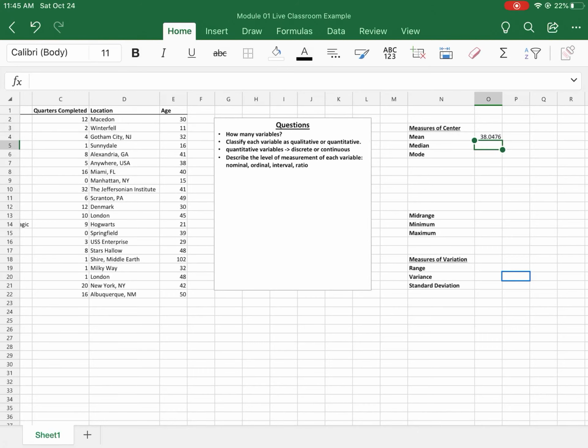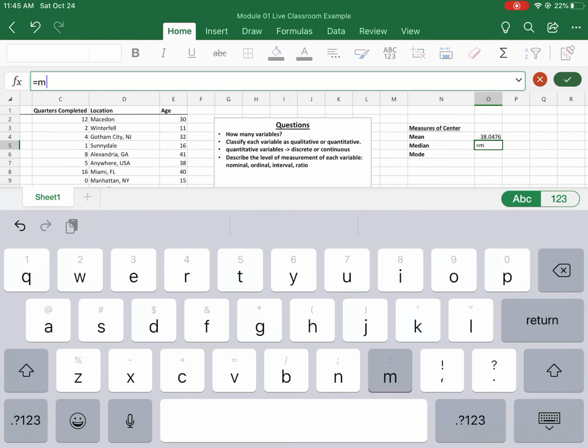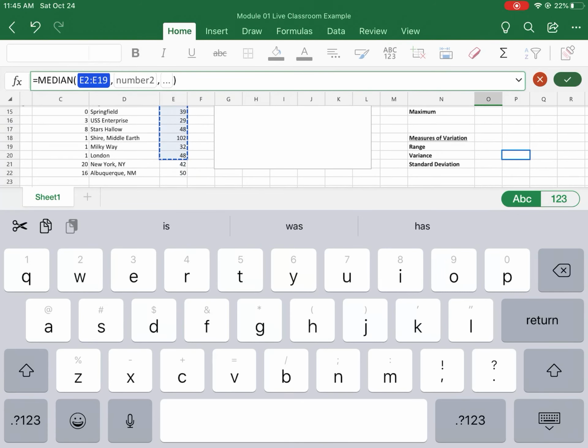Now let's go ahead and do the median. So remember your median, so equals median, nice pop up. Again, I'm going to start here, E2, and again, you can just type to E22 if you want, or highlight it. I would say for me, it depends on how much data I have. In your deliverable 1, you have 364 pieces of data.